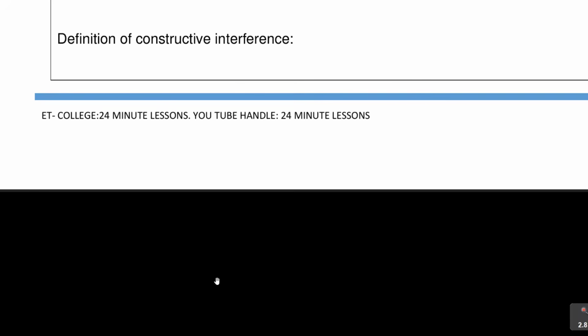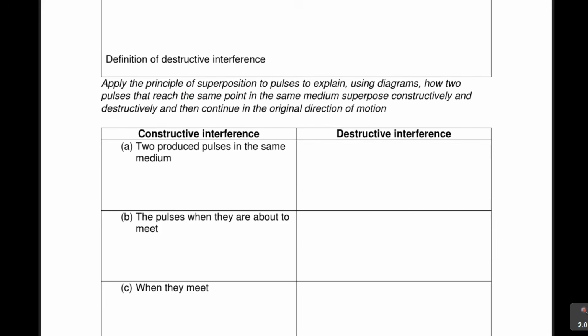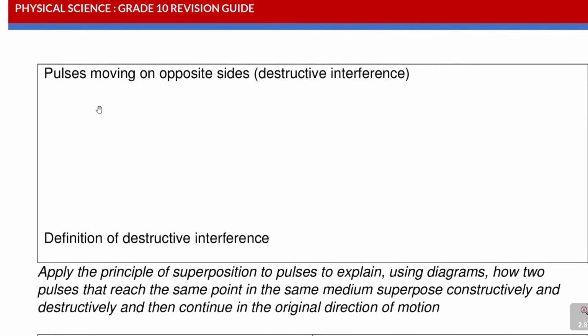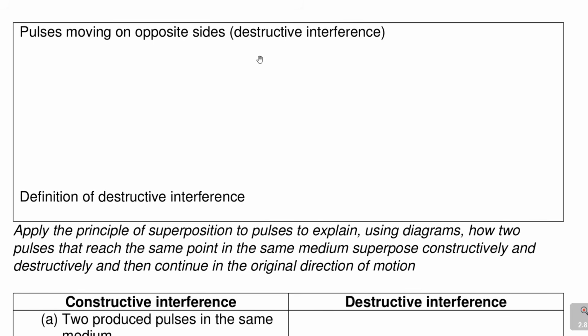And then after that, we have the next part, continuing with pulses moving in the opposite direction. What is called destructive interference. So these are the pulses that move in the opposite direction, and then we're going to define that. So when we're talking about destructive interference, again, similarly, the concept doesn't change. You have got pulses.